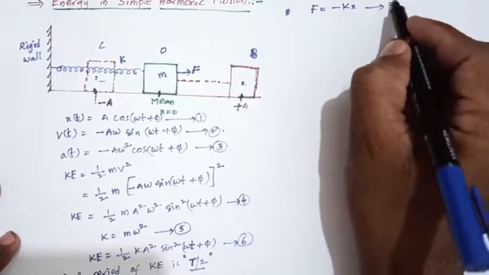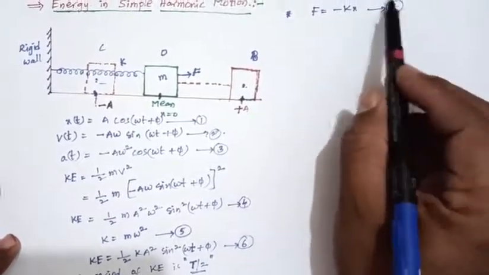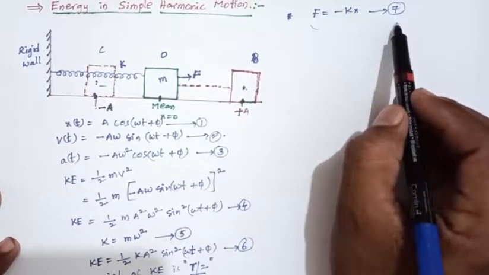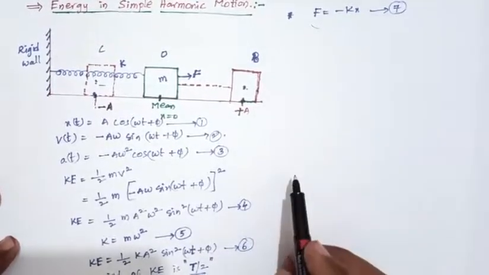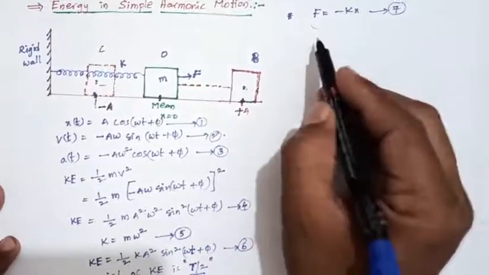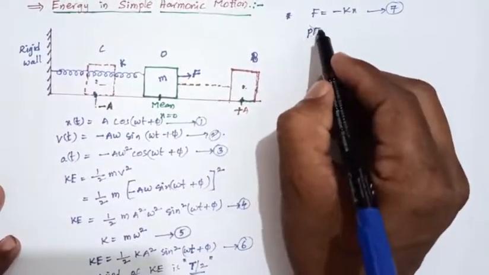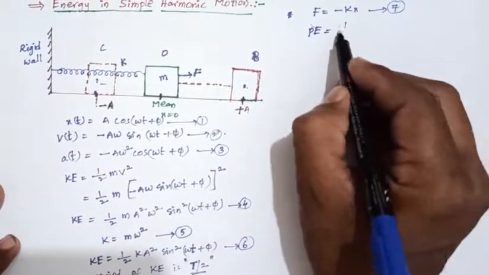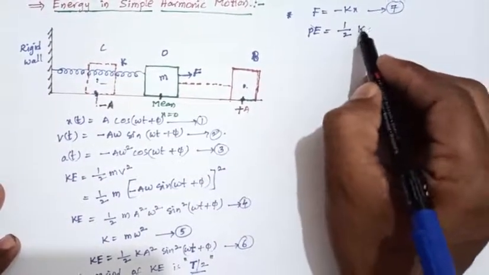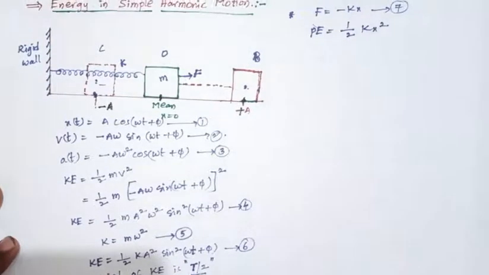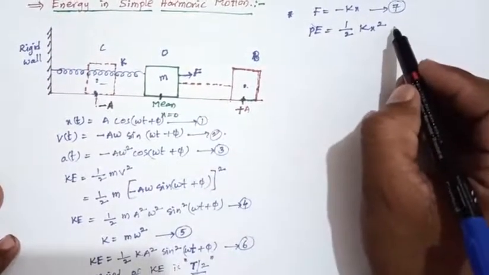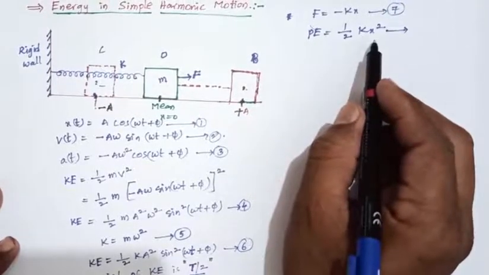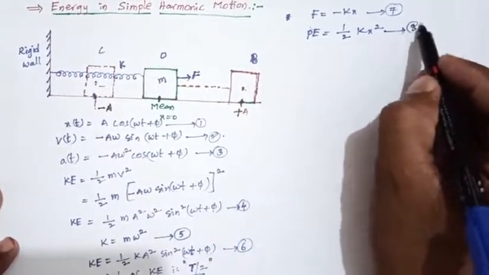This is equation number 7. Equation number 7 denotes that this is a conservative force. So for the conservative force, the potential energy PE equals half k x square. This is equation number 8.